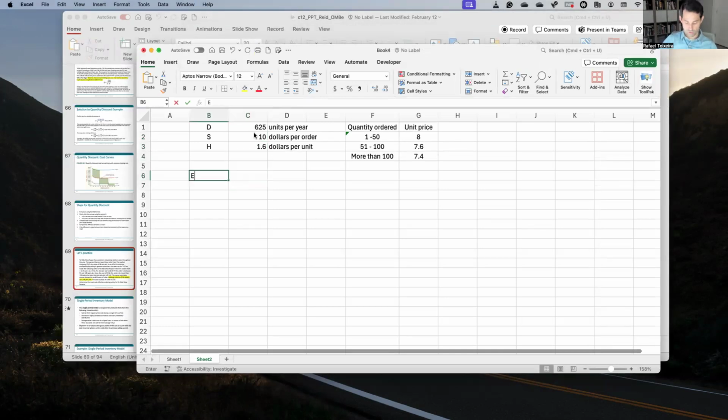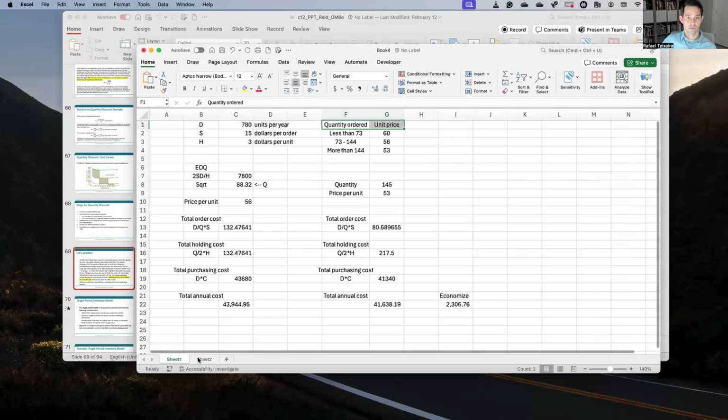Let's do the EOQ. I'm going to do 2SD divided by H, which equals 2 times S times D divided by H. Now we take the square root of this, which gives 88 units.